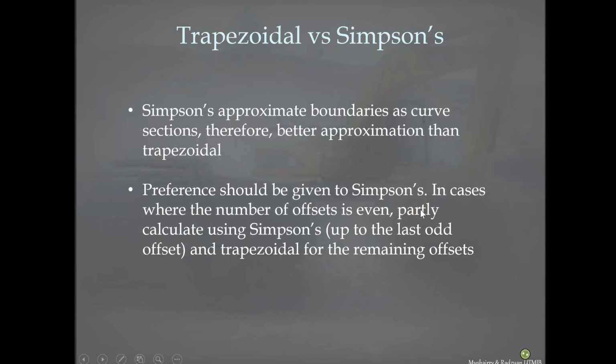So it's a combination of Simpson and trapezoidal. So in a nutshell, what I'm trying to say is Simpson should be given the first choice when it comes to calculating area with irregular boundary.